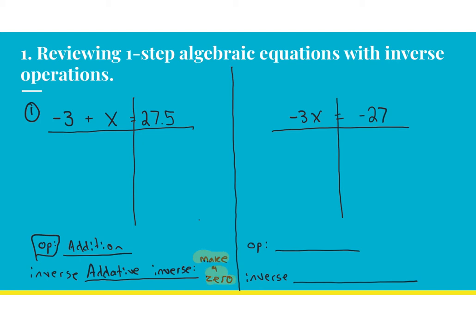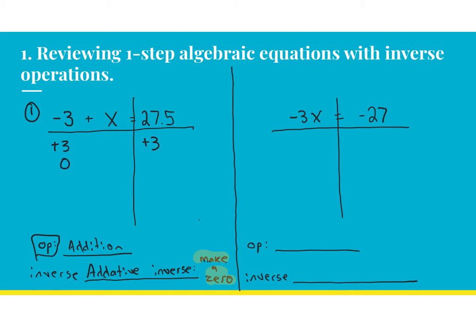In order to make a zero with negative 3, we need to add its opposite. The additive inverse of negative 3 is positive 3. So we're going to add 3 to both sides of this equation, that way we're keeping it true and in balance. Negative 3 plus 3 is 0.